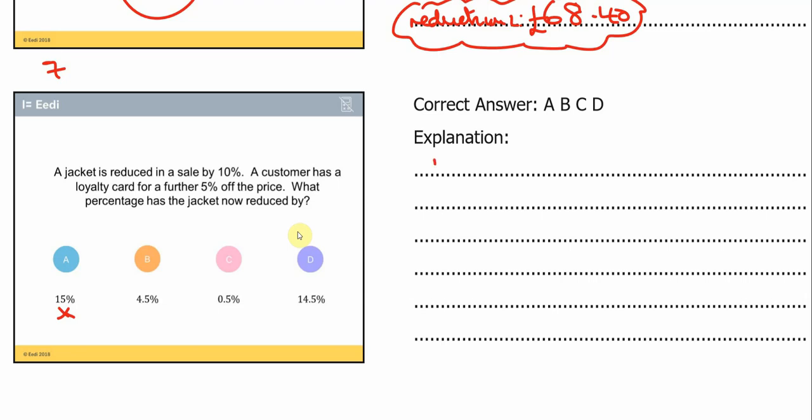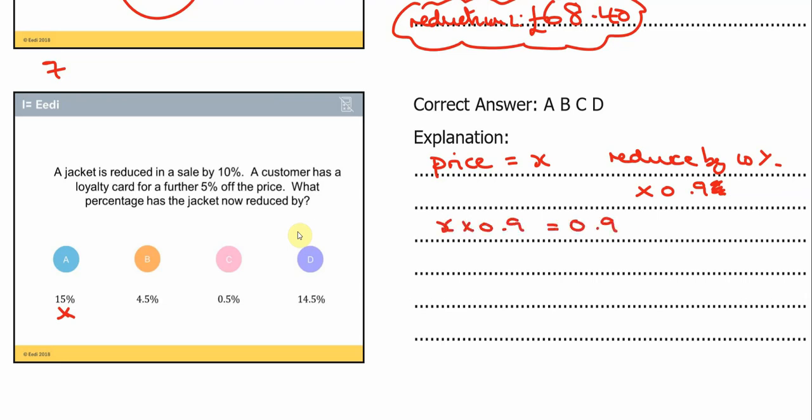Well, if we just say the price equals X, if we want to reduce by 10%, we're going to times by 0.9. We don't need to say 0.90. We're going to times by 0.9 because that is 90% left. So X times 0.9 equals 0.9x.